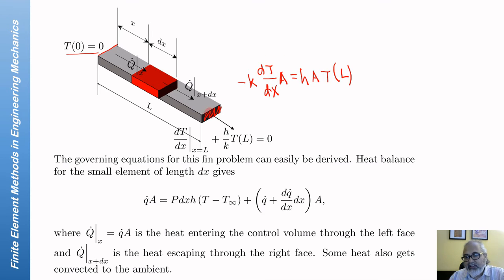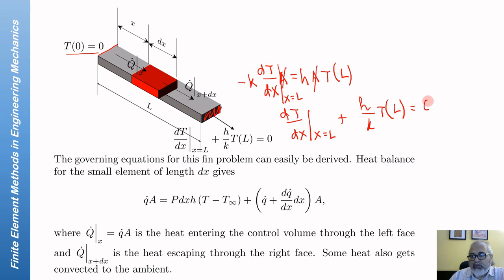This is the heat entering and this is the heat leaving. They both have to be the same, which means the A cancels out, and dT/dx at x equal to L plus h/k times T at L has to be equal to 0.